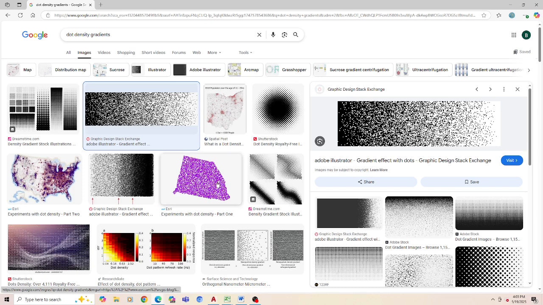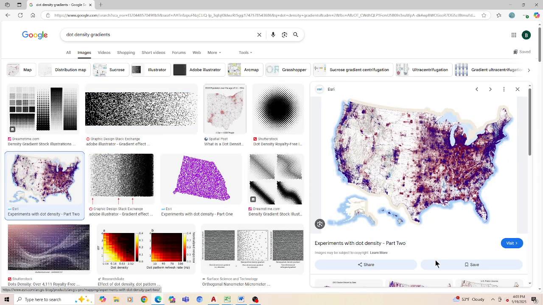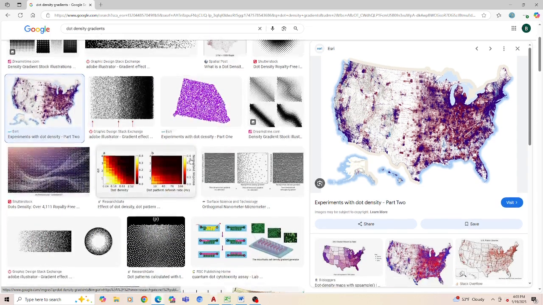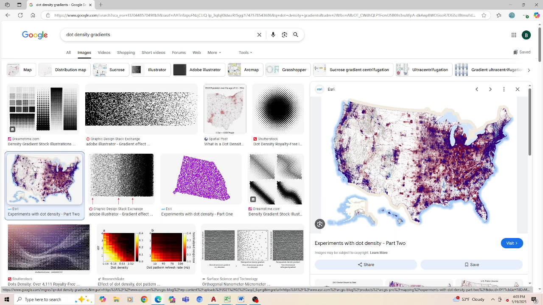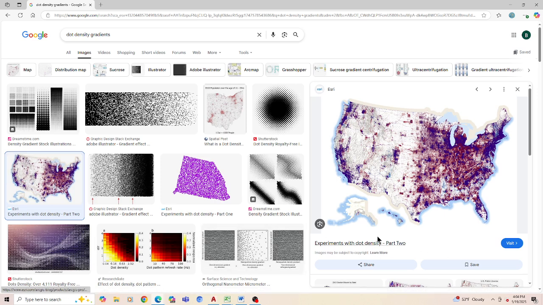These types of dot patterns can even exist for, this is probably a population density, may or may not be, but we can actually realize that a density has starting points and areas of the most saturation, and areas that come away from it that have less saturation.